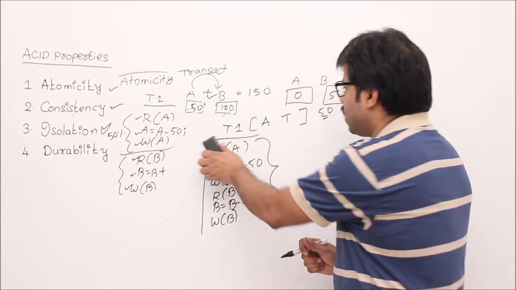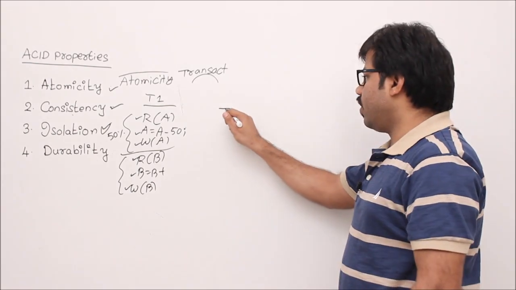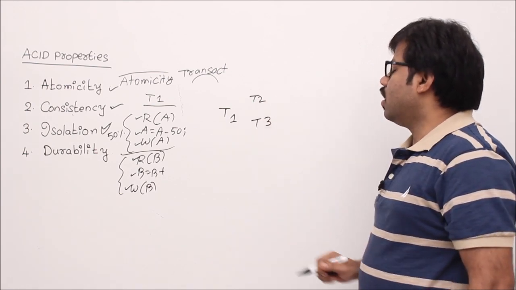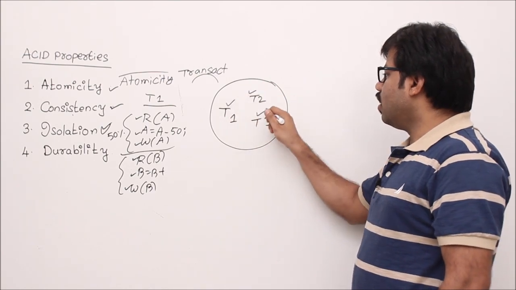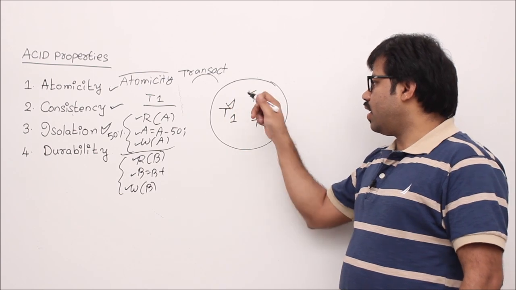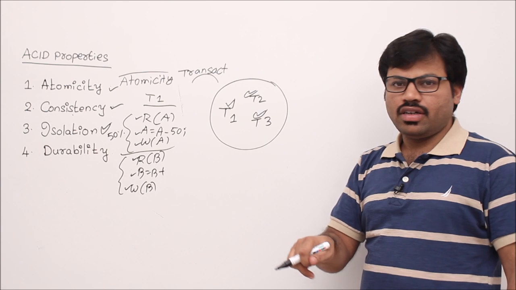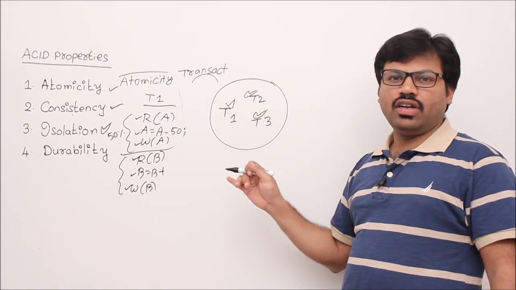So let me explain with a picture. So this is your transaction T1, and T2, T3 are the other transactions. Now, though you are executing in a computer where multiple transactions are context switched, that means sometimes T1 is getting executed, sometimes T2, sometimes T3, the output of T1 should be the same as if there were no T2, T3.